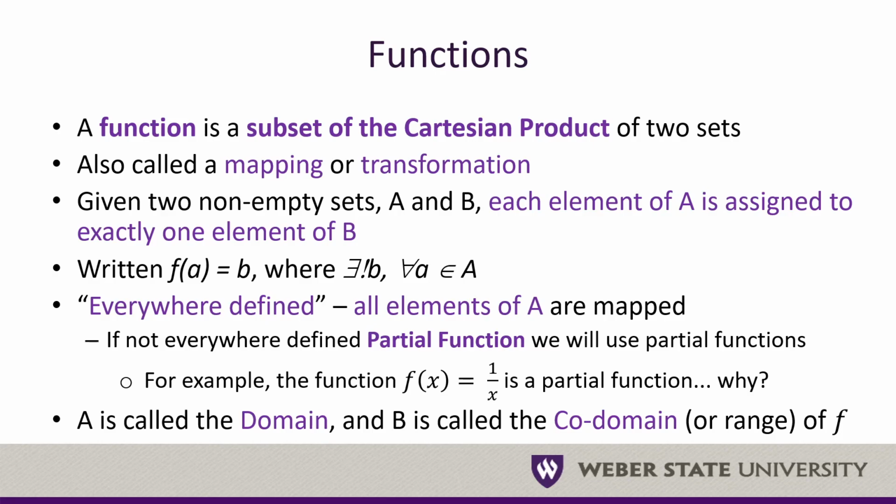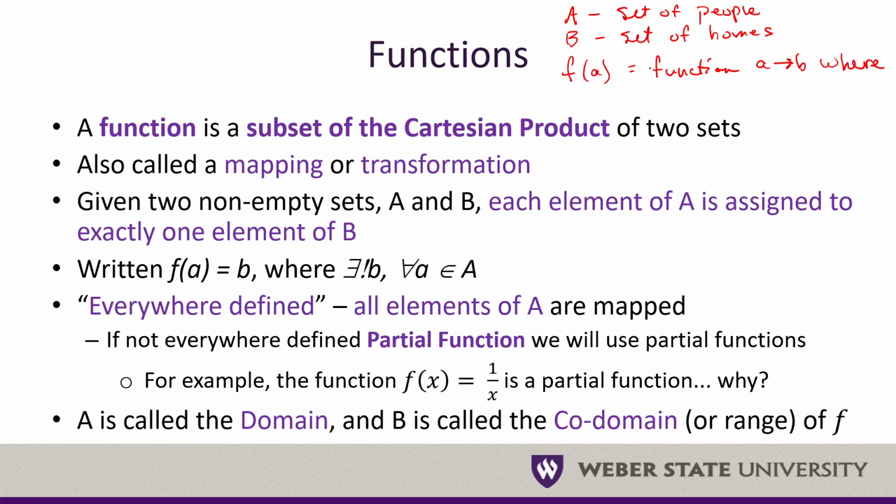But I could say, for example, that A is the set of people, and that B is the set of homes, and that F of A is the function that maps A to B, where B is the primary residence.